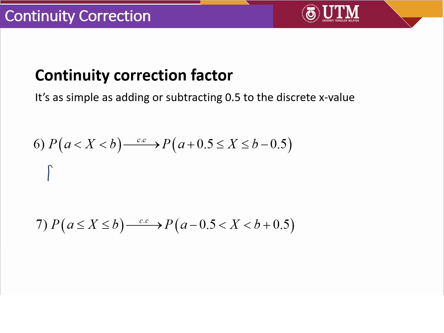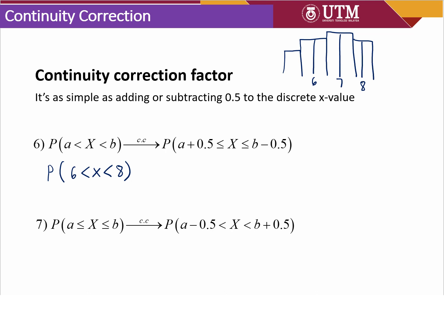And the last two: if we need to find the probability between 6 and 8, where 6 and 8 are not included, this is our 6, this is our 7, and this is our 8. So between 6 and 8, since 6 is not included, this one will be removed, and 8 is also removed.